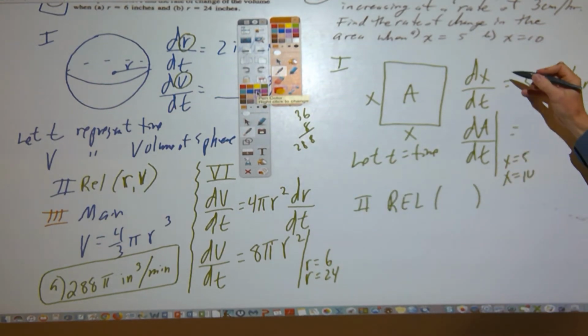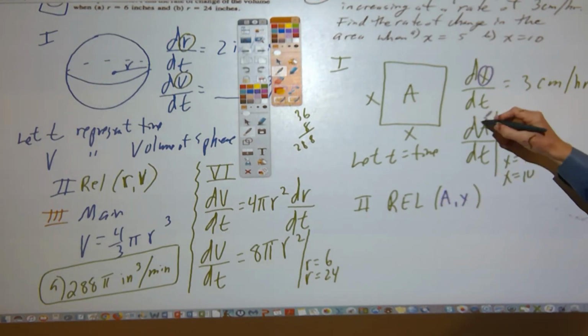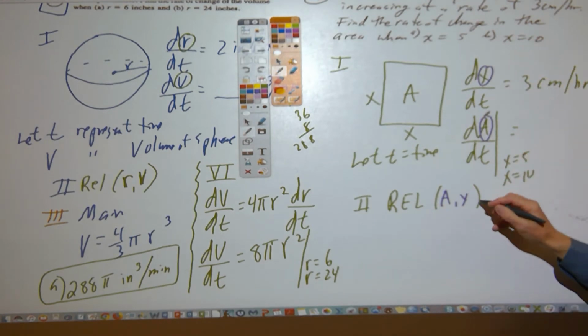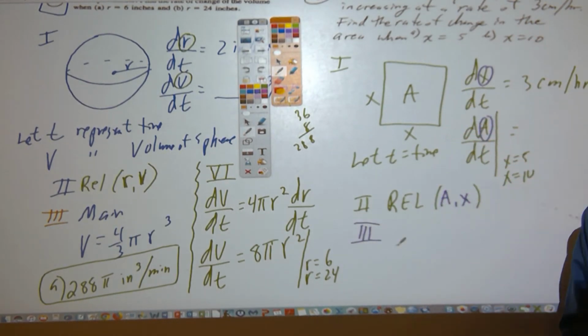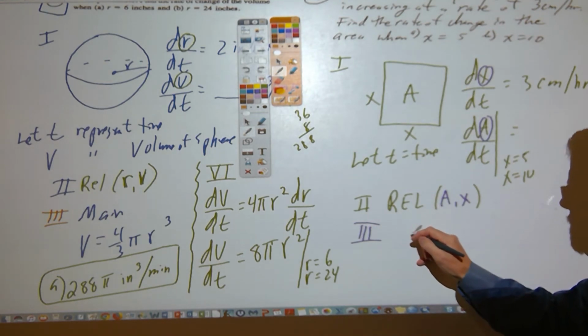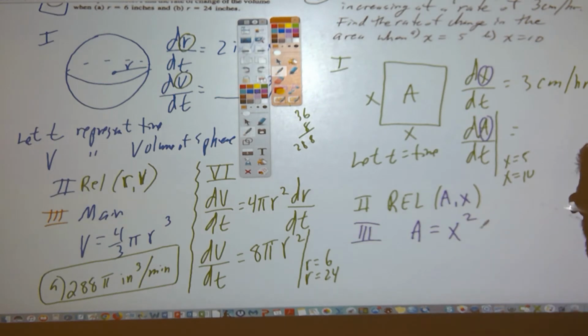These don't take all that long. Hopefully you picked the letters A and X. It's always the upper right hand from the derivatives. You need a relationship between A and X. Class, what is the relationship between area of a square and x, the side? Call it out. That's right, it's A equals x squared.